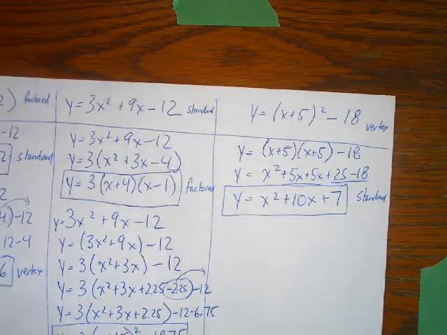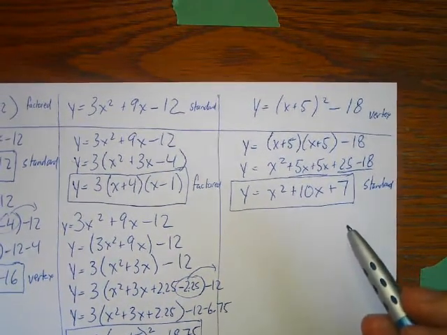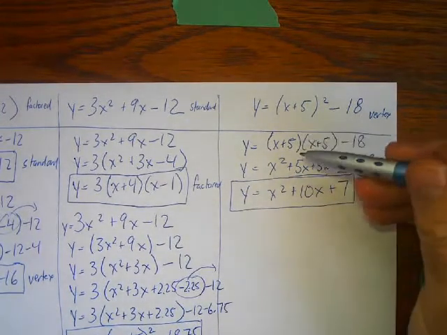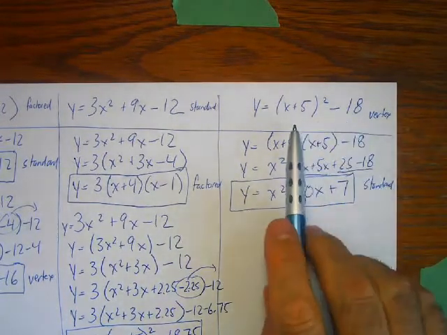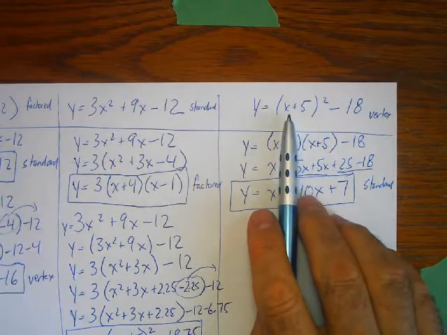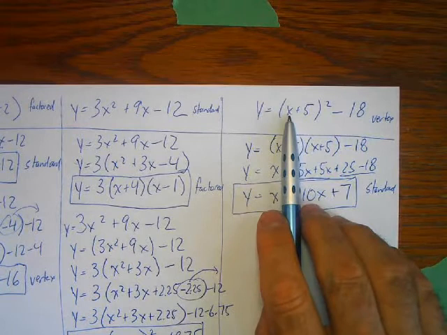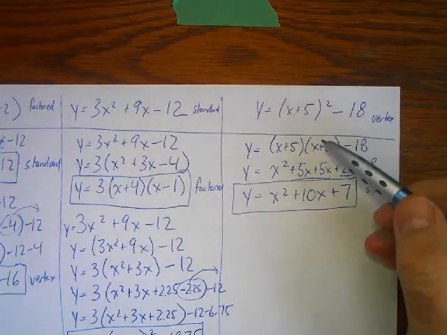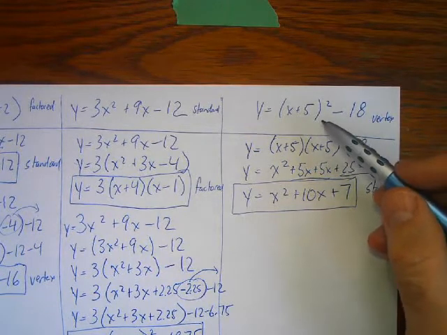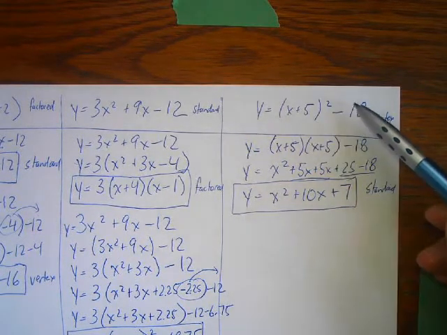Now, I did notice on the last assignment a lot of people were making mistakes on that first page when I gave a table. I gave some equations. I think all the equations were given in vertex form, and I asked you, well, what's the y-intercept? Now, the y-intercept happens when x is 0.